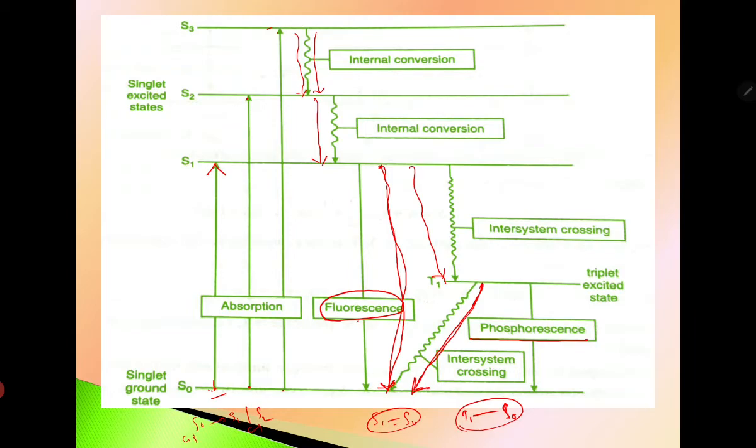But in phosphorescence, the electron from S1 is changing its state, that is, the singlet excited state is converted to the triplet excited state, and from the triplet excited state the electron is getting deactivated to the S0 ground state. Therefore, the phosphorescence process takes place for a long time even after the radiation is cut off. Therefore it is also called slow fluorescence.